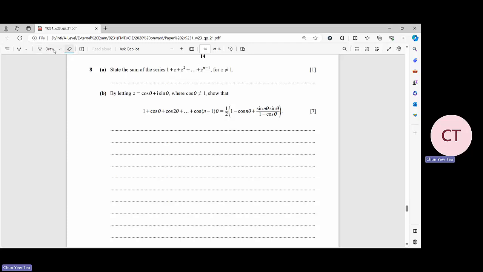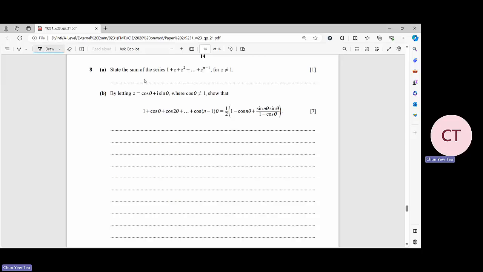So this one is obviously a GP. Your first term is 1. Your common ratio is z. And you have how many of them? You have n terms. So for this question, just apply the Sn formula for the geometric progression.